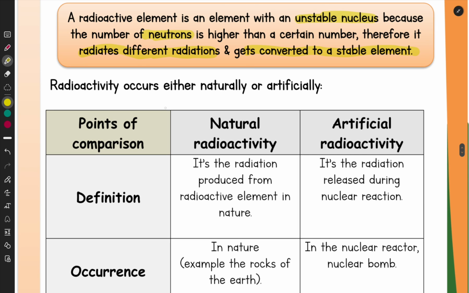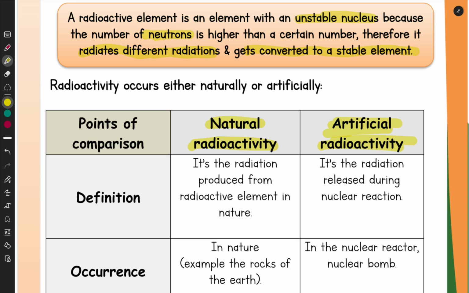Radioactivity occurs either naturally or artificially. What is the meaning of natural radioactivity and artificial? Artificial, of course, is by man, by humans, and natural is by anything else.